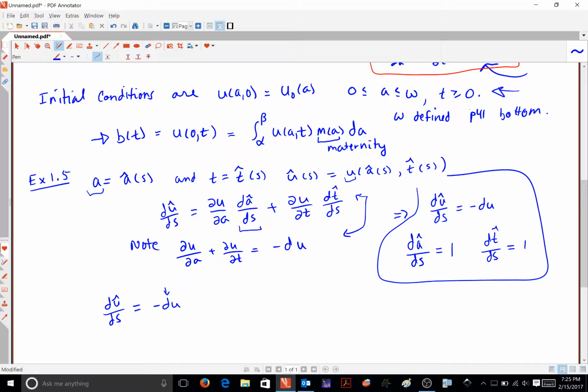So we're going to divide the u over, and our u equals our u hat in this case. So I'm going to have du hat over u hat is equal to minus d times ds. Integrate both sides of that, and you get the natural log of the absolute value of u hat is equal to minus d s. And we're going to need some initial conditions and boundary conditions on it. So this is going to go from u of A0 to u of A t.